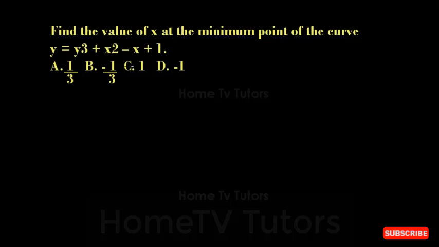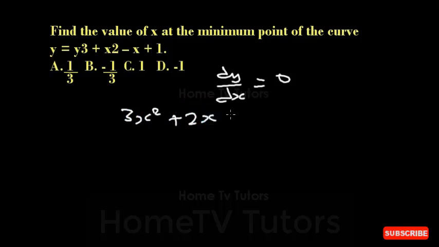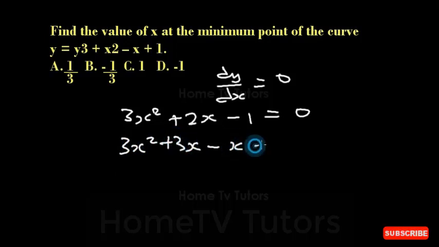Find the value of x at the minimum point of the curve. At the minimum point, dy/dx is equal to 0. That is 3x squared plus 2x minus 1 is equal to 0. By factorizing this, we have 3x squared plus 3x minus x minus 1 equals 0.